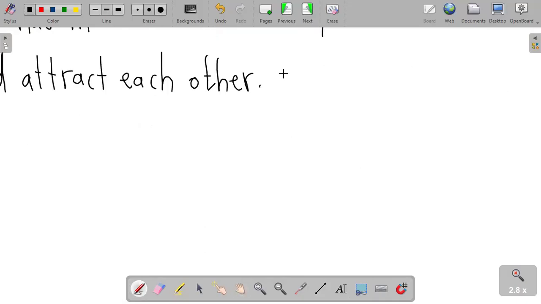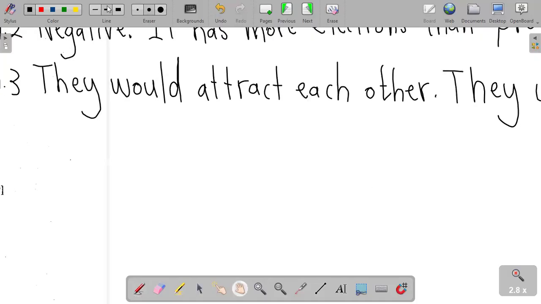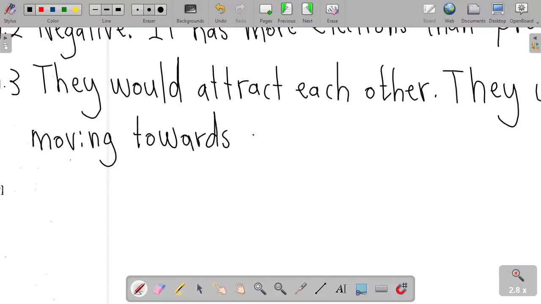This means they would start moving towards one another. That's what you would observe.